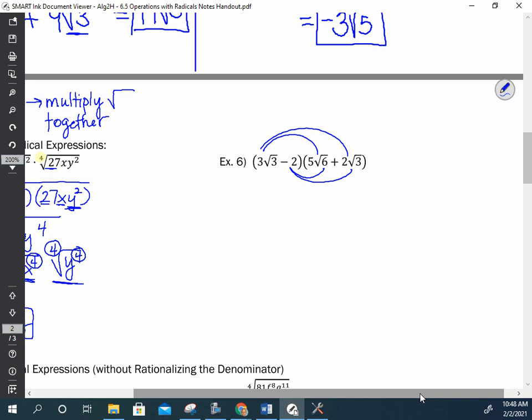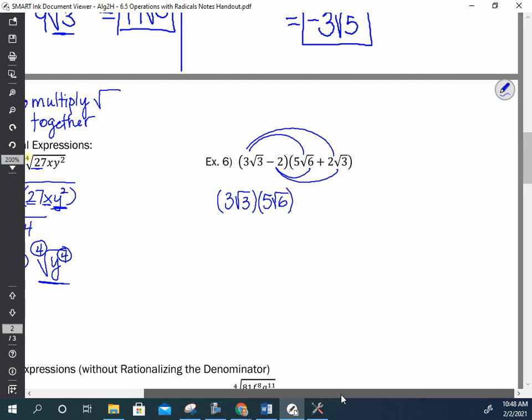So your first terms, 3 square root 3 times 5 square root 6. Outside terms, 3 square root 3 times 2 square root 3. Inside terms, negative 2 times 5 square root 6. Last terms, negative 2 times 2 square root of 3.